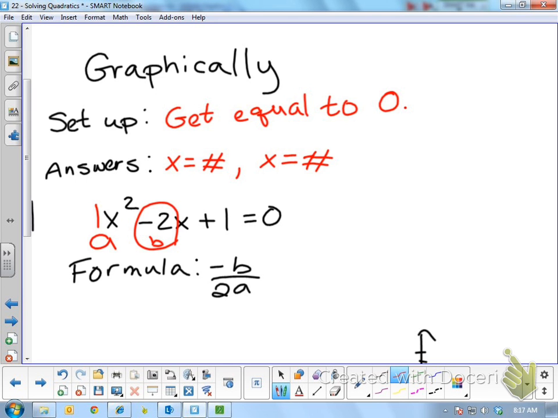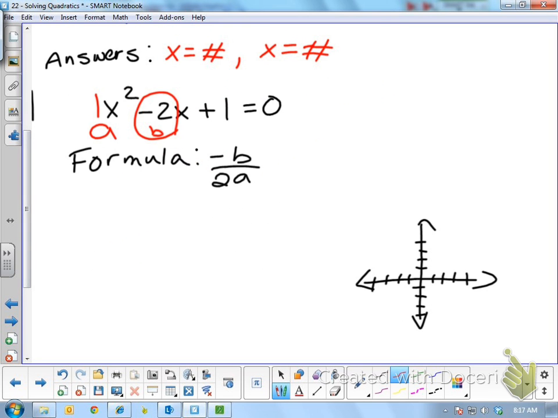So now we plug these into the formula. It's very similar to the quadratic formula, except a lot less is going on. So we have negative b. What do I replace b with? The negative 2, over 2 times a.